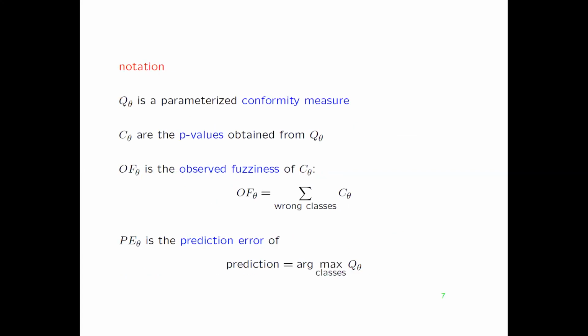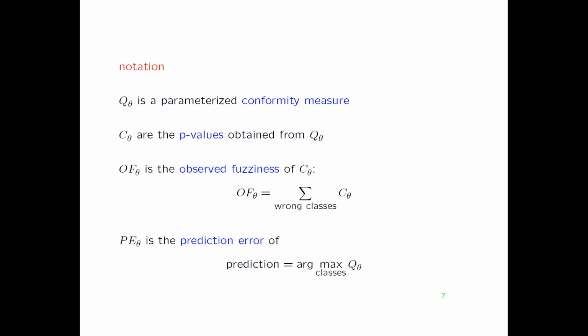And here are a few extra things that I should say. We have a one parameter model, and this model is a conformity measure actually. In the next slide, I will give more details, but let's pick one conformity measure that corresponds to one choice of this parameter theta, and then we can proceed as usual.